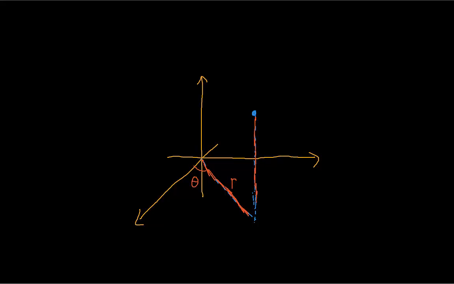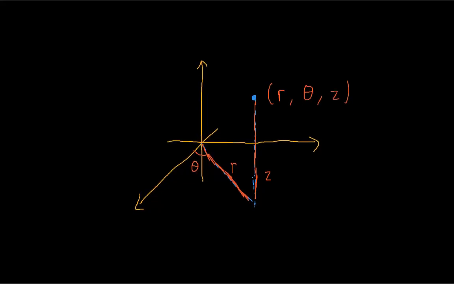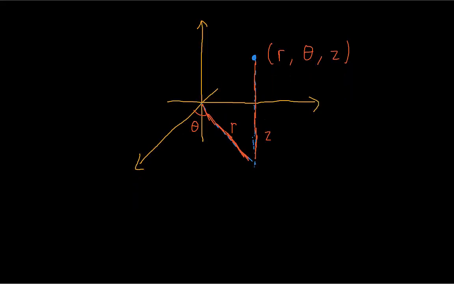So you can see that cylindrical coordinates are really just an extension of polar coordinates into 3D space, because r and theta mean the exact same thing. r is the distance of the point from the z-axis, and theta is the positive counterclockwise angle it makes from the positive x-axis. And then the z-coordinate is just the same z-coordinate as in rectangular coordinates.